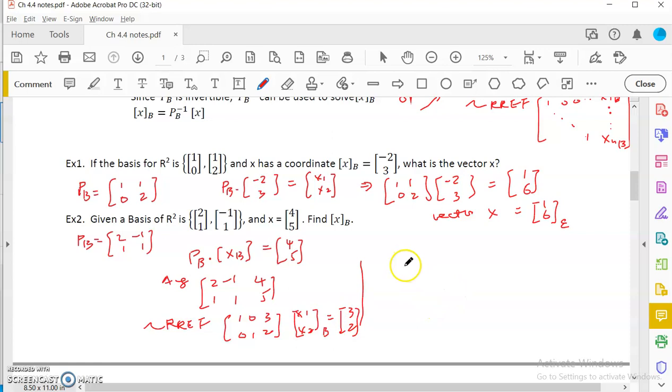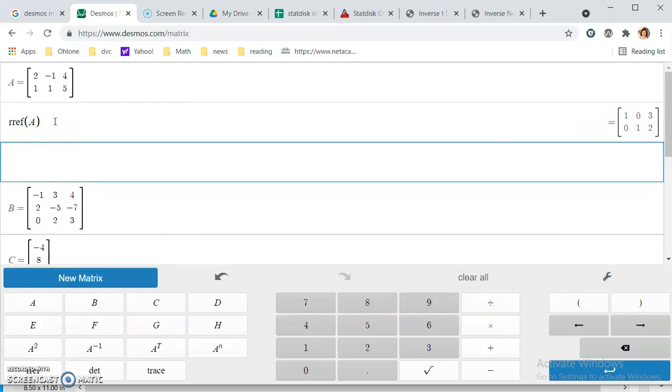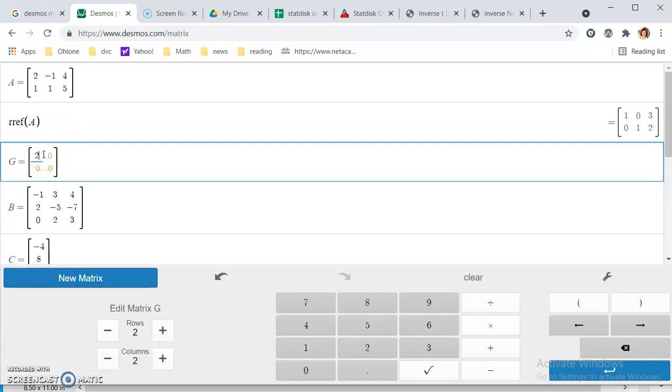I can also use the inverse method. That means find the inverse of PB. That means XB is equal to PB inverse times 4, 5 in the standard basis. So for PB inverse, let's just make a new matrix G, 2, 1, -1, 1.